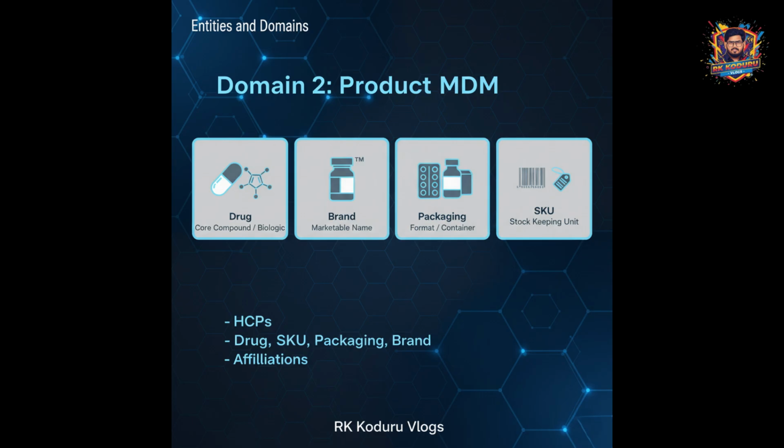Next, product MDM. This is everything about the thing you research, make, and sell. The entities include the drug, the core chemical compound, biological or active pharmaceutical ingredient; the brand, the marketable name like Advil or Lipitor; and the packaging.